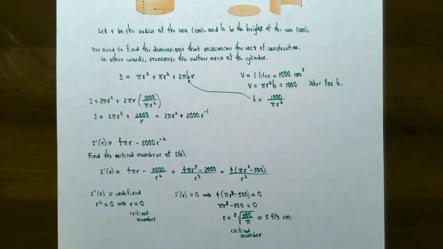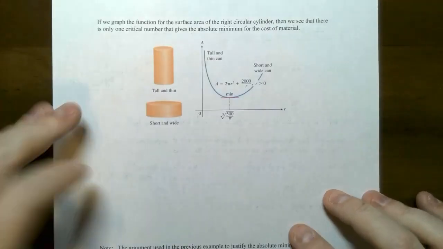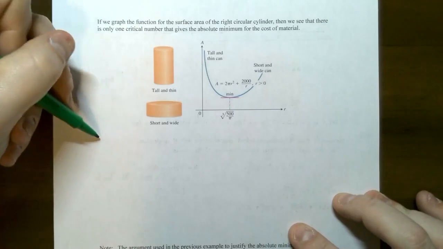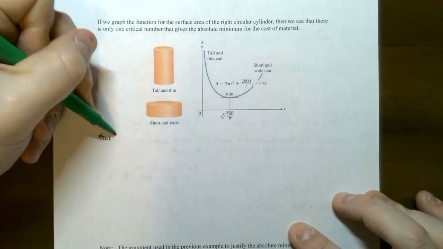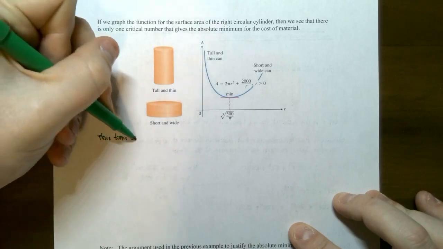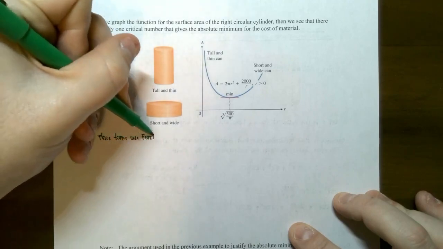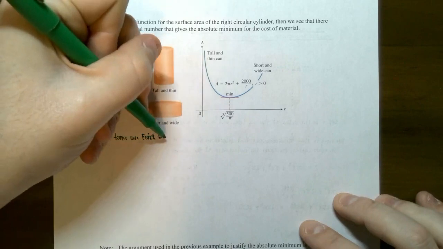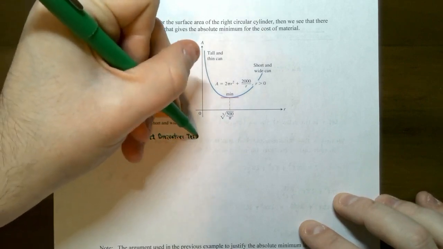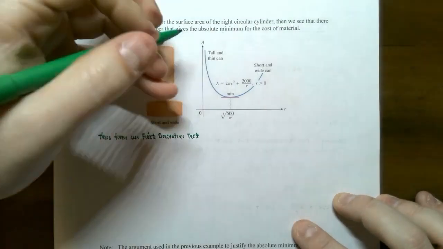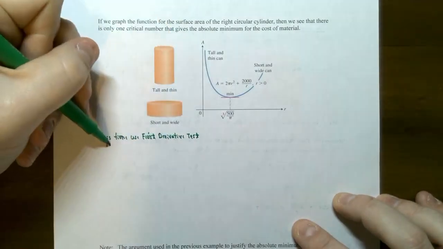I'm going to use the first derivative test this time. So the graph is given, but we'll refer to that in a second. That way we can get an idea of how to use each derivative test in this section. So use the first derivative test for local extrema.